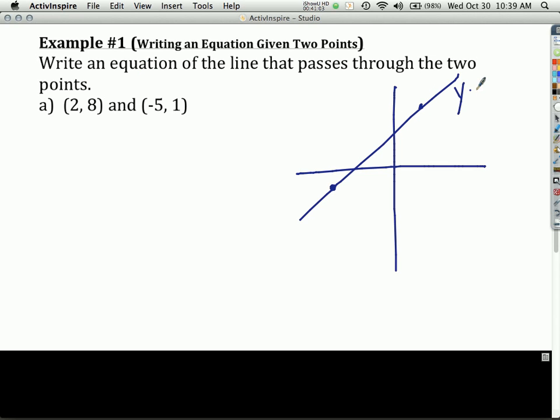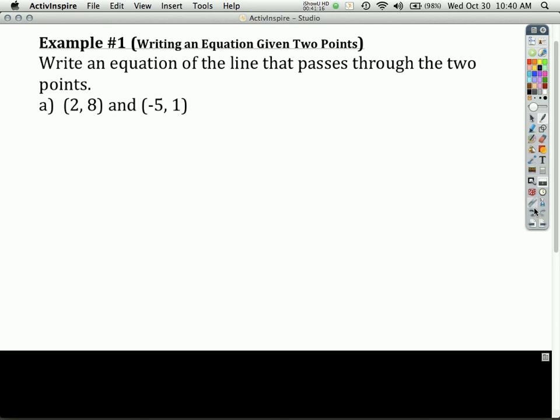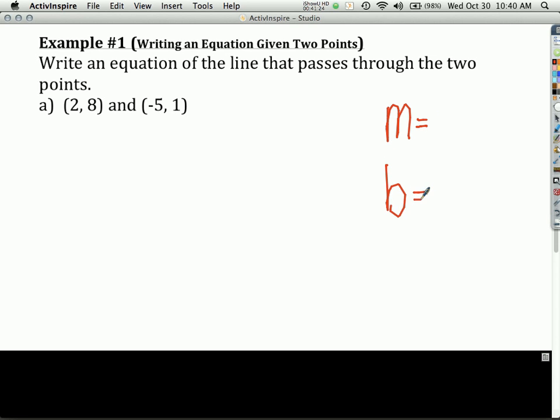I want the y equals something x plus something of this line. So how can we find this with just this information? And that's what we're going to do. That's what we're learning how to do here. So we need the same pieces of information we've always needed. We need the slope. We need the y-intercept. Once we have those pieces of information, we can then write the equation of the line here at the bottom.